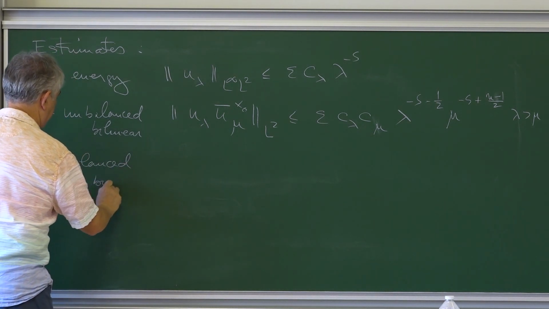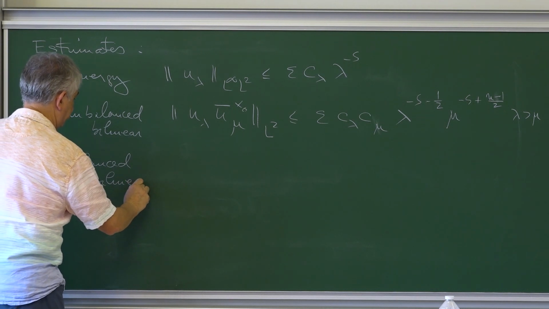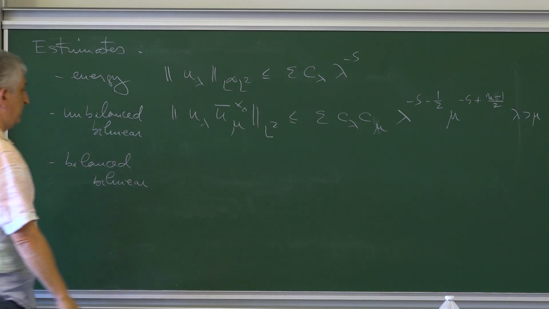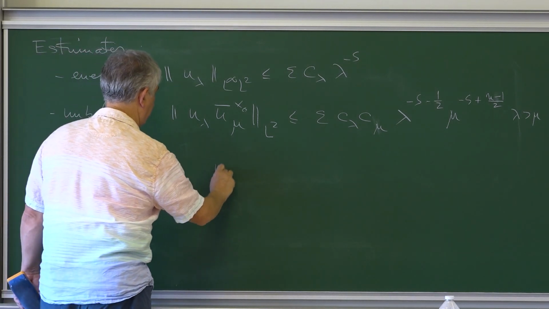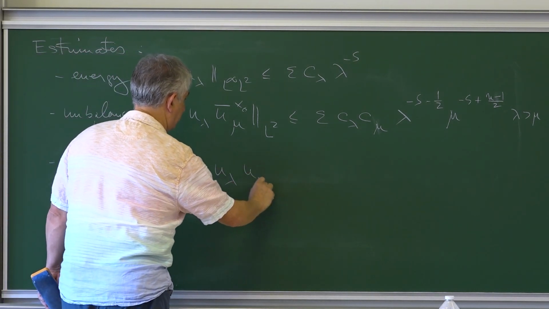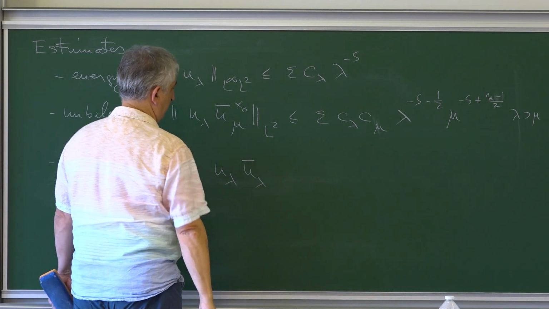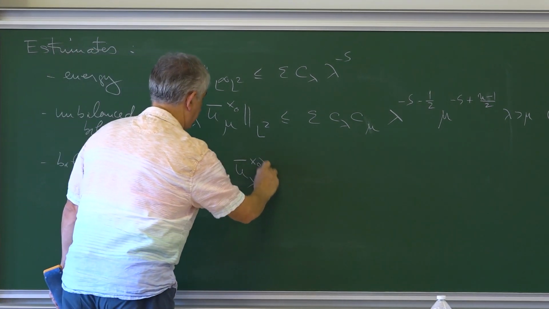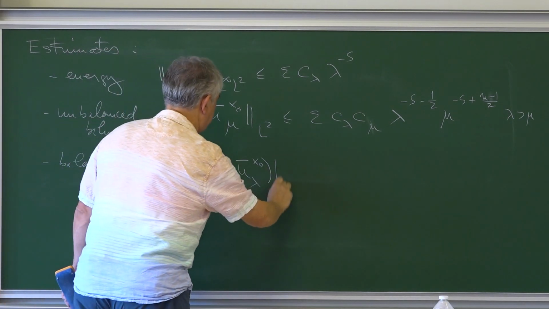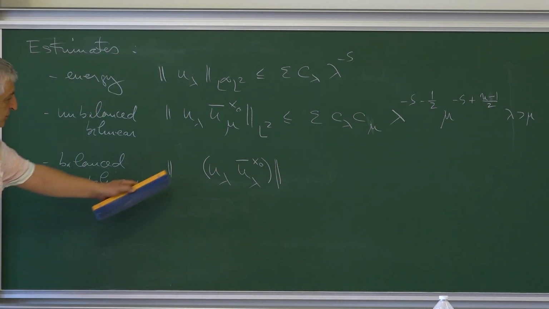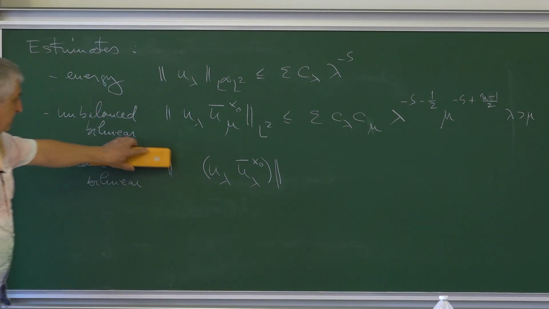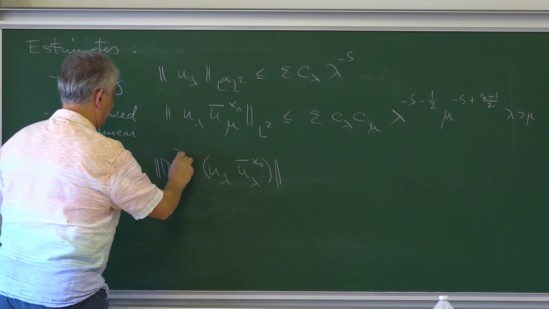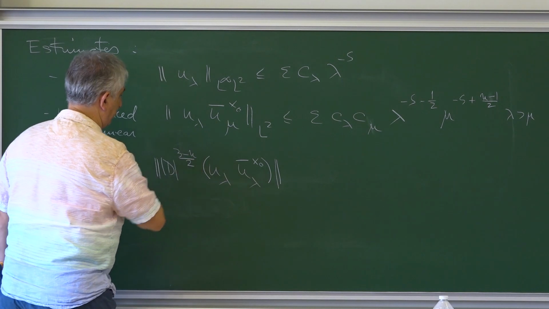So balanced bilinear estimates. Here I want to look at u_lambda, u_lambda bar, maybe translate this one. And then here we want to put a number of derivatives, and the correct number is D to the power 3 minus n divided by 2.